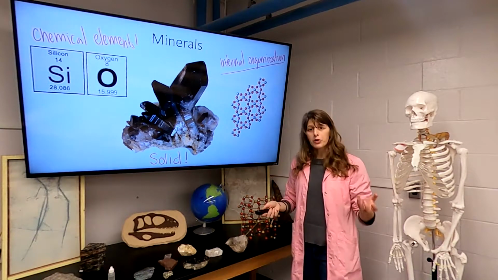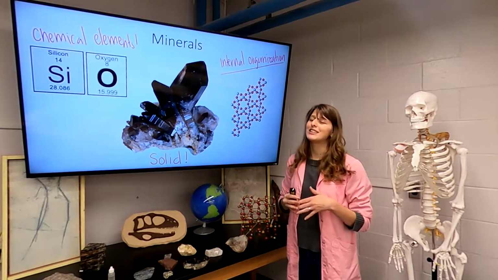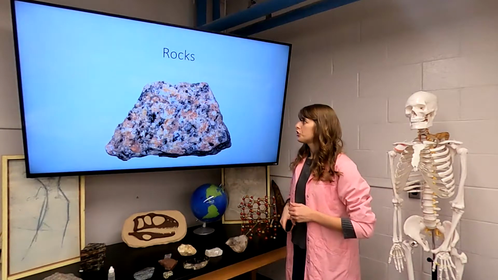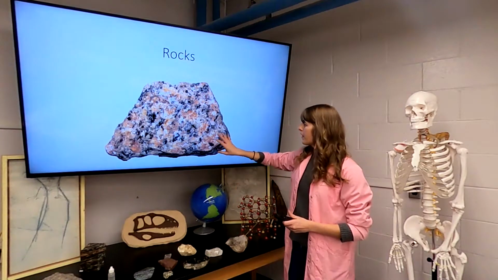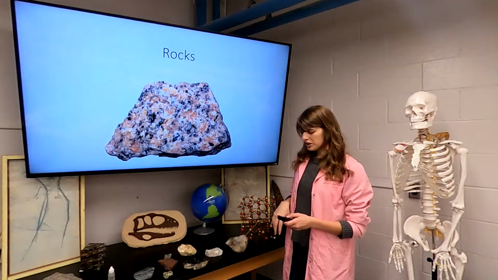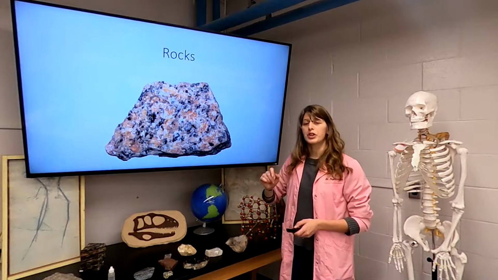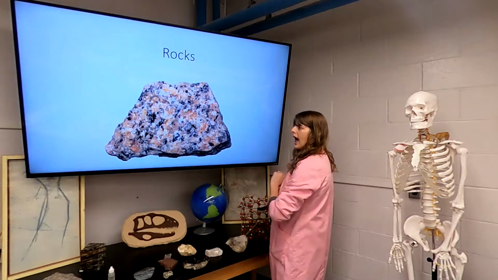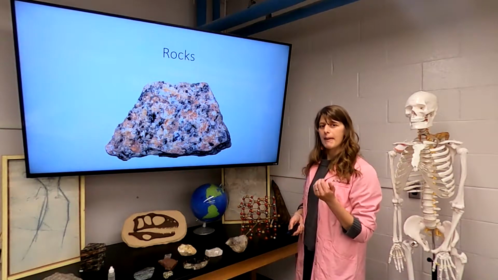So, minerals are important for geologists because these are the basic building blocks of all the rocks around us. So if we look at a common rock, for example, this is granite, you can start to see that the different colors represent different crystals of minerals. And so this rock has a couple of different minerals that make it up.